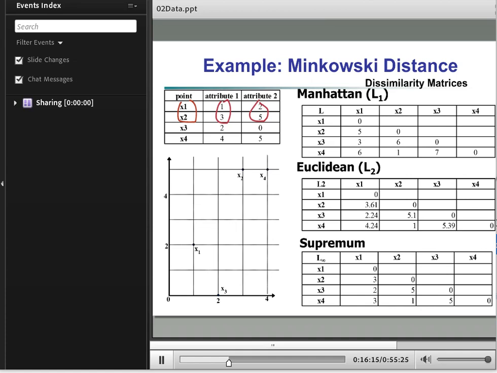So the distance is the absolute value of 1 minus 3 plus the absolute value of 2 minus 5.